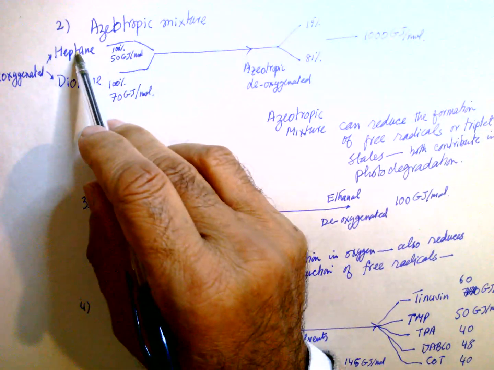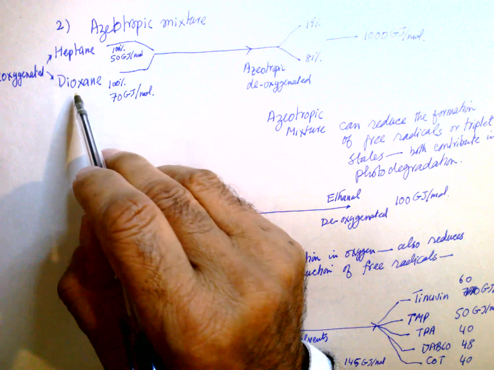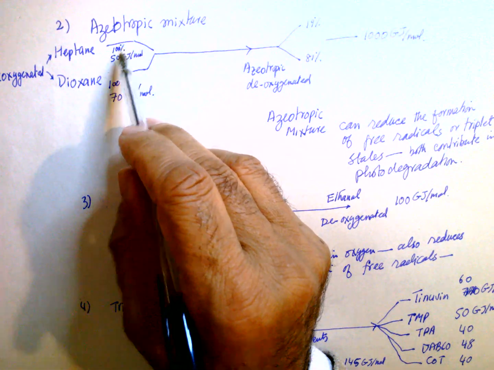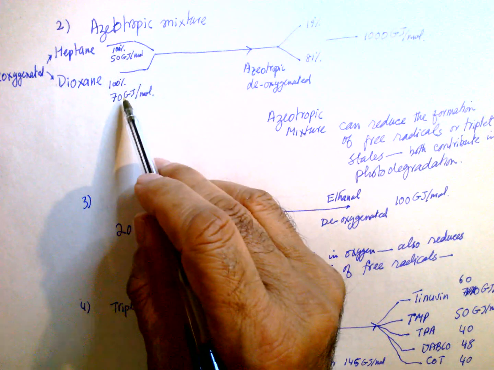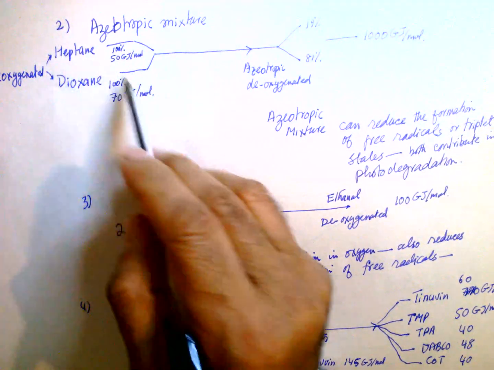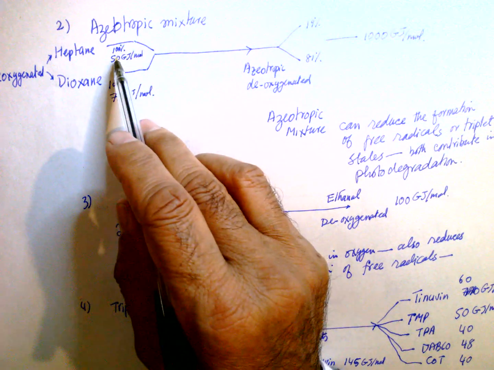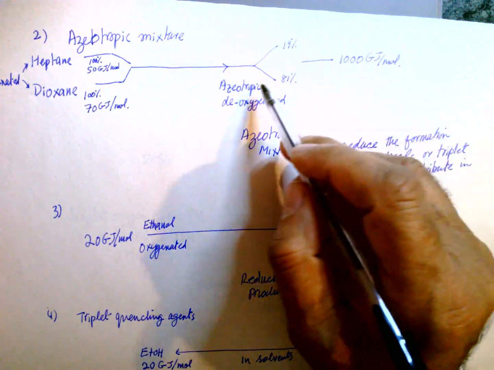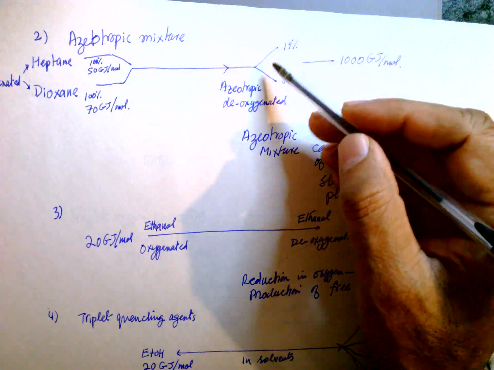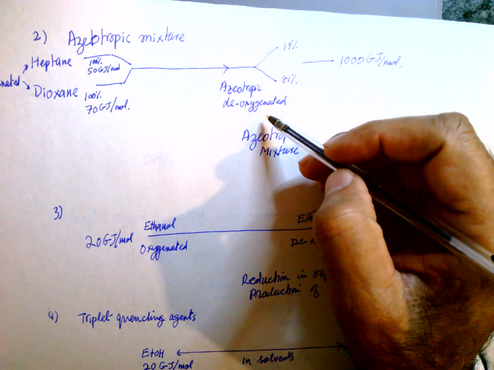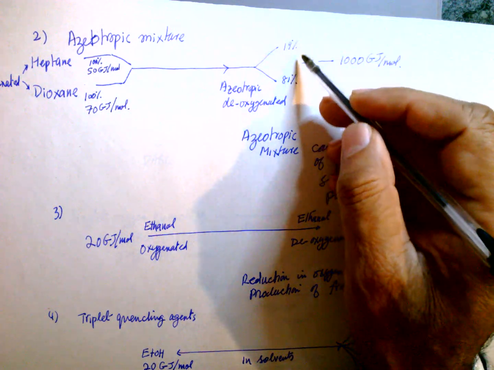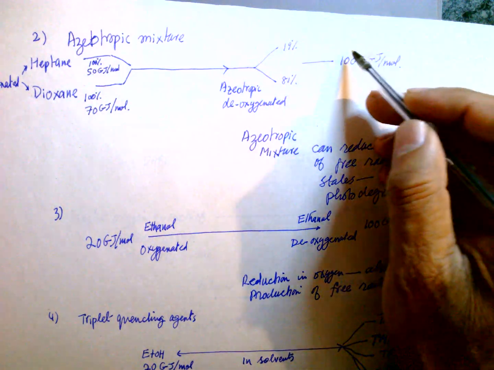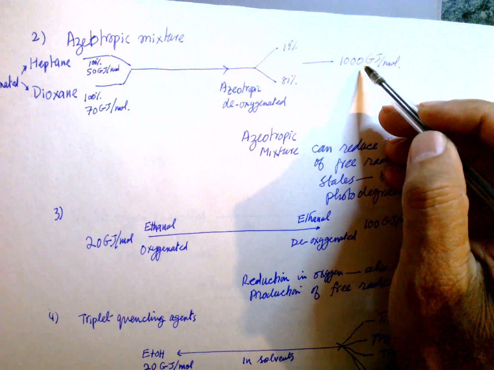Azeotrope mixture, heptane and deoxygenated dioxin: 50 gigajoule per mole for 100% heptane and 70 for 100% dioxin, to 1000 gigajoule per mole when they are mixed to the azeotrope. The efficiency is 81%, and the photostability is 1000.